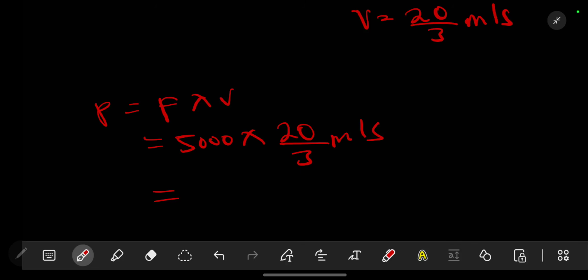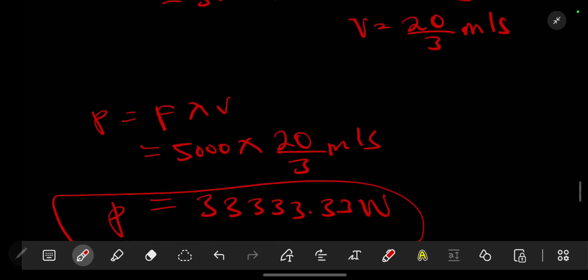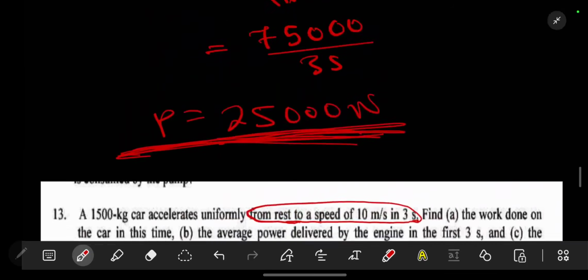This gives us a value equivalent to 33,333.33 watts. So this is the most accurate power that we have found because we were not rounding off. So this is our power.